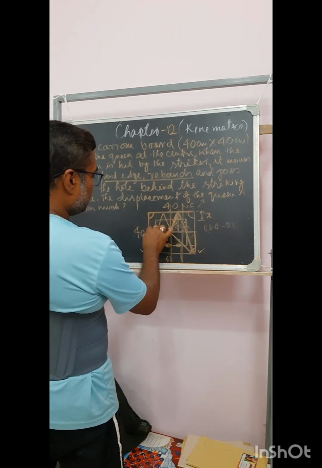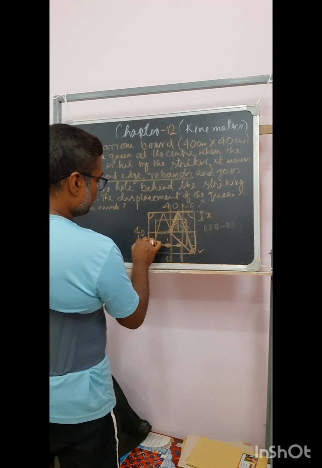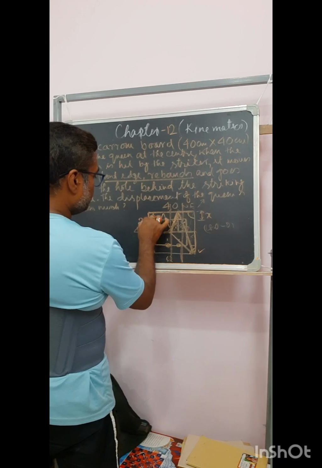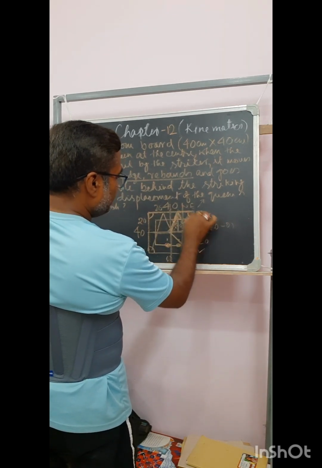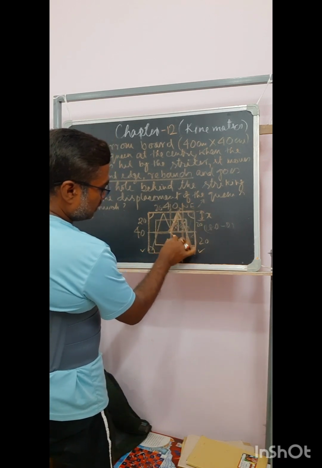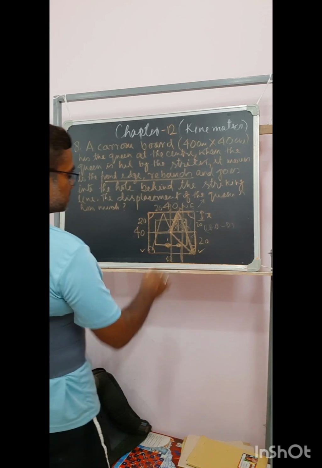So these are again four squares, as it is 40 by 40, so this will be half of that, 20. So each of these parts will be 20. Now what is this? This is the diagonal of the square, and this will be the displacement.